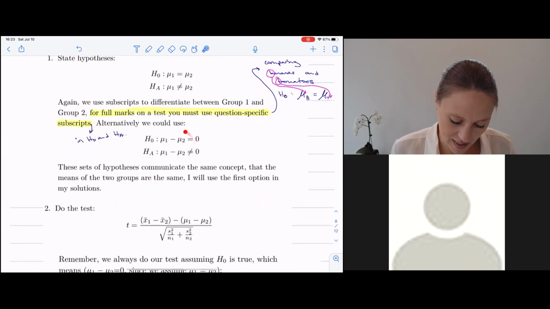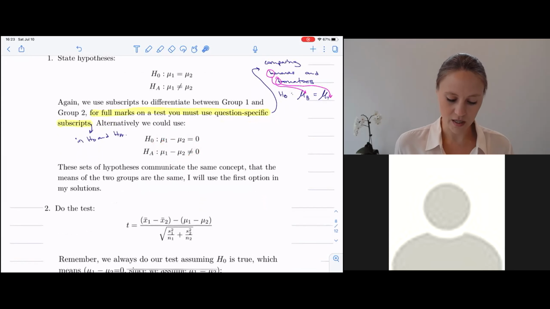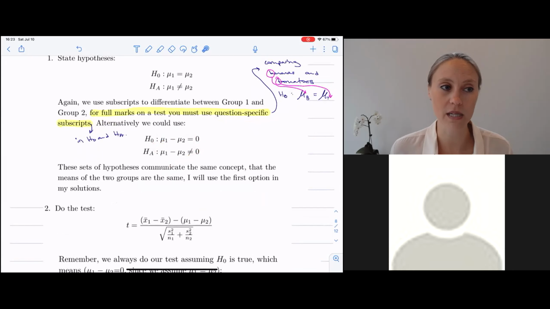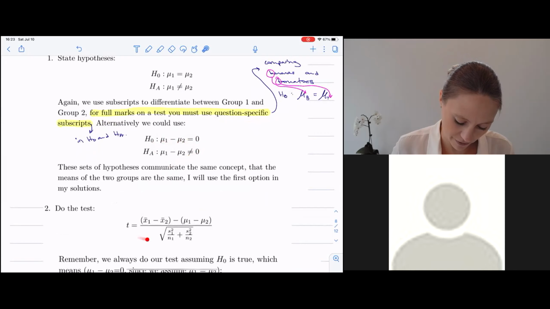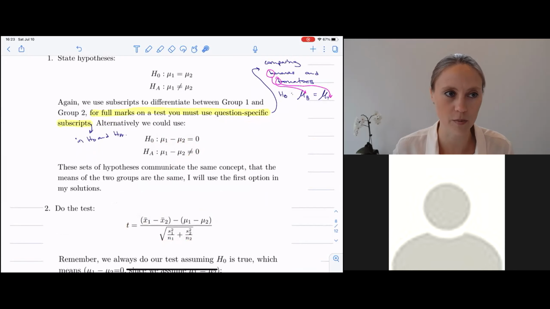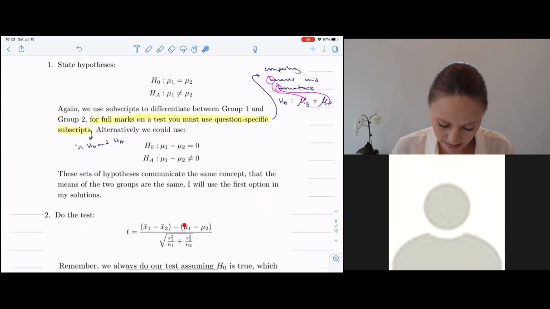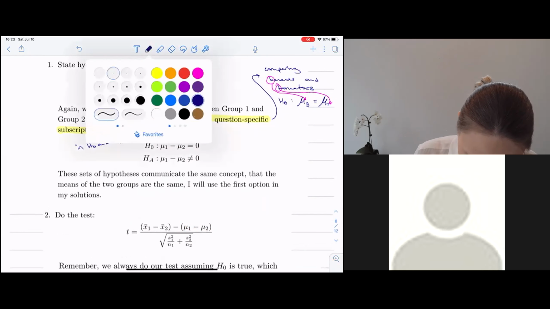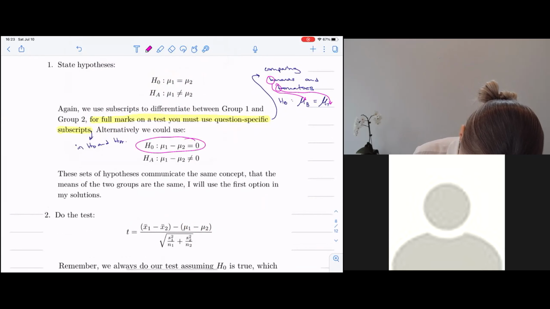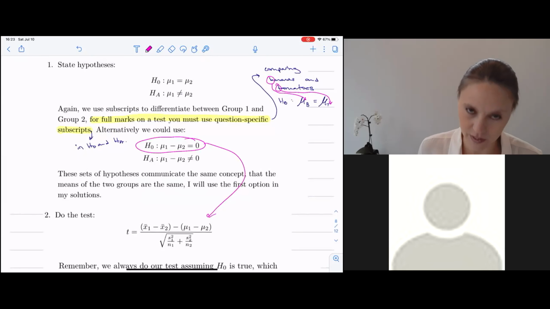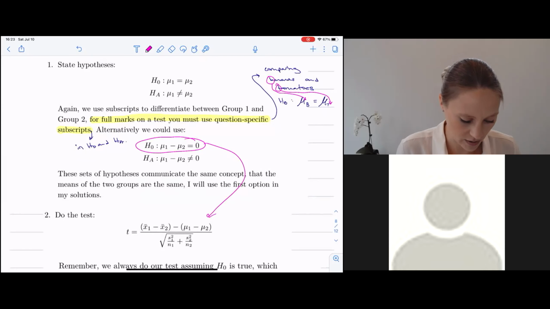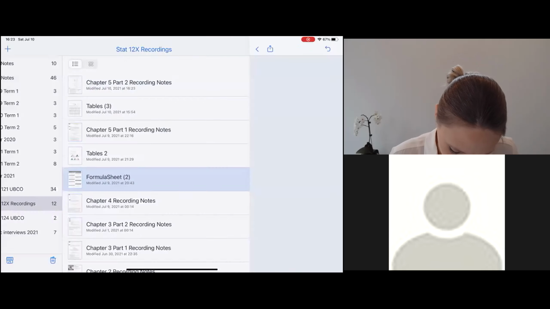But it's nice to have seen this because we always do our test assuming that the null hypothesis is true. So when I look at my formula, I just want to scroll back to the formula sheet, because I think I might just have omitted it. What does this become? This becomes 0, right?